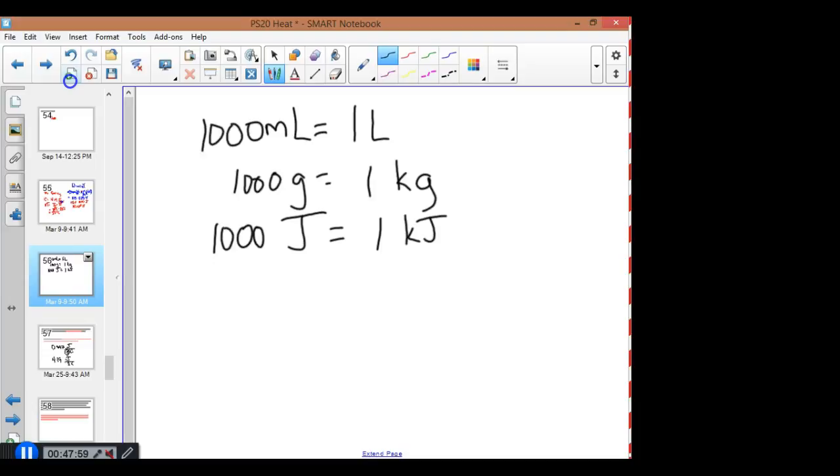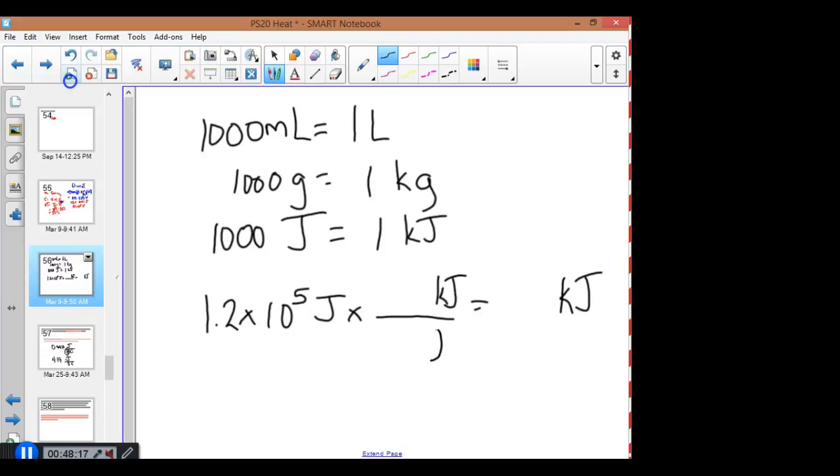Now, I can take 1.2 times 10 to the exponent 5 joules and make that kilojoules. Remember that when you do a conversion factor, it's always what you need over what you have.